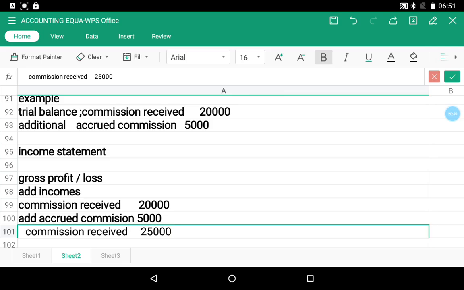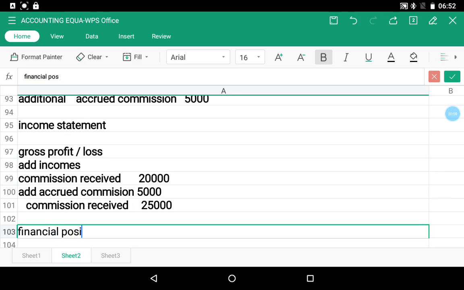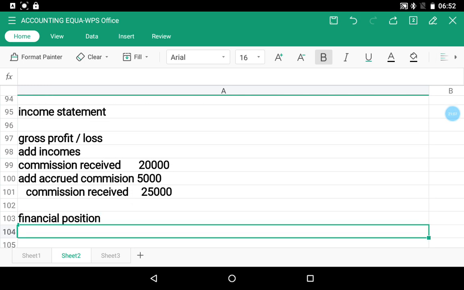Then let us see how it is treated in financial position. Under financial position, it is under current assets. So we shall say assets, non-current assets, and then we come and say under current assets.